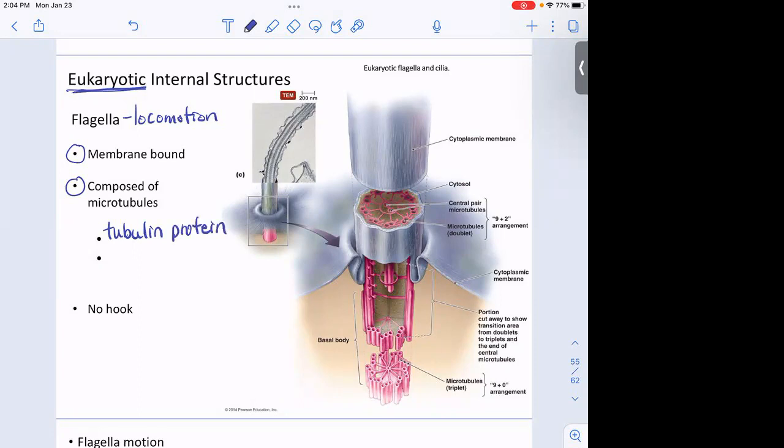And that tubulin is actually in what's called a 9+2 arrangement. Basically those microtubules that run through the flagella, there's 9 pairs that go around the shaft, and then there's 2 in the center. So 9 pairs, 2 in the center, 9 plus 2 arrangement.